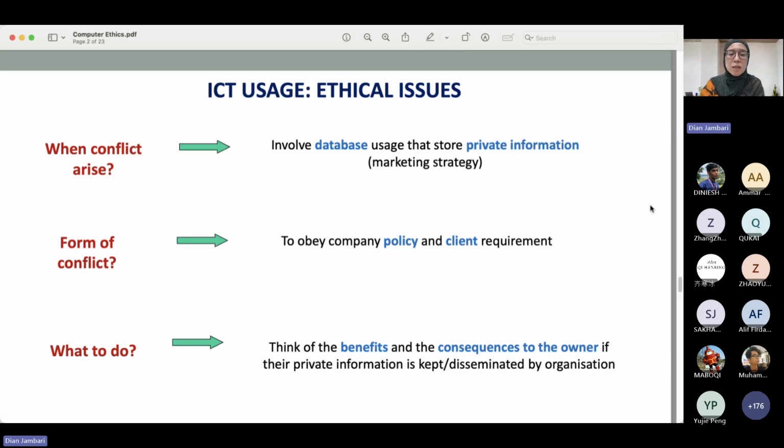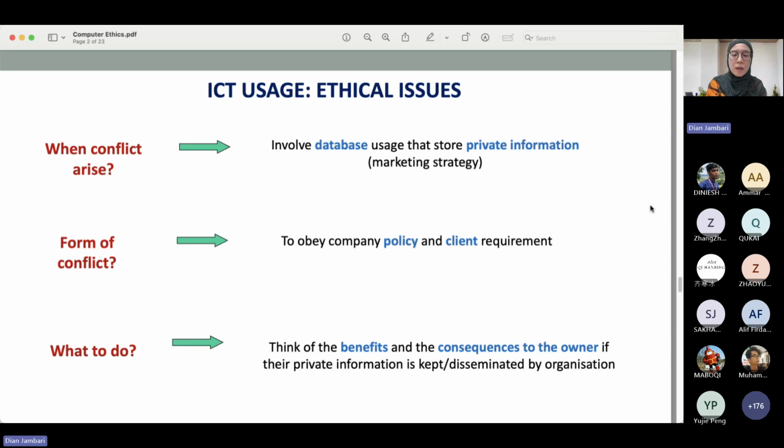Legally, it's okay because it is still within the same company. We are not selling the information. We are using the information stored in our database, owned by the same company, for marketing purposes. So legally it may not be a problem, but ethically it becomes a conflict, because we know that ethically we can only use that information for what it is intended for, because that was what we asked permission for from the owner.